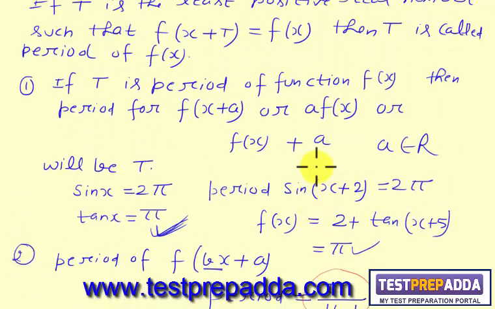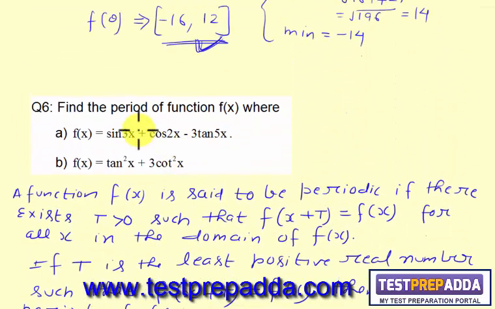So the period of sine 3x will be 2 pi by 3, the period of cos 2x will be 2 pi by 2, and the period of tan 5x will be pi by 5.